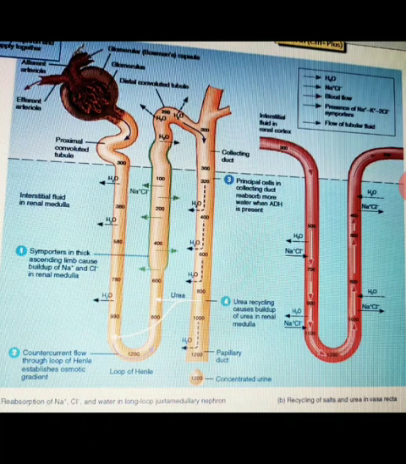As fluid flows along the collecting ducts, water reabsorption continues via osmosis because ADH is present. This water absorption further increases the concentration of urea in the tubular fluid. More urea diffuses into the interstitial fluid of the inner renal medulla and the cycle repeats.